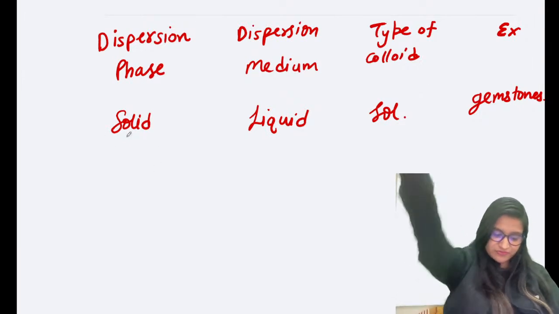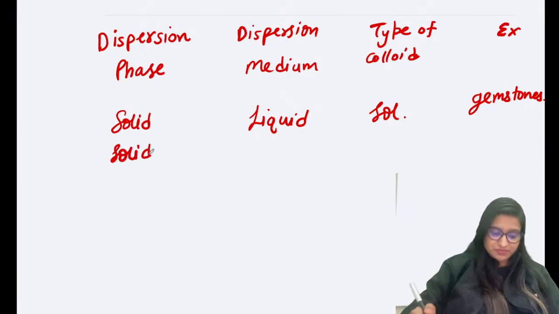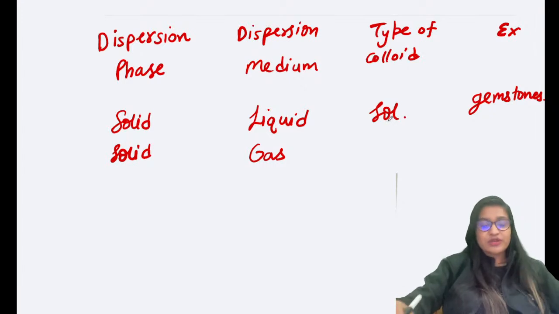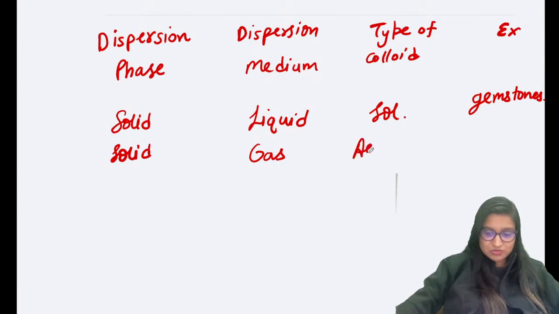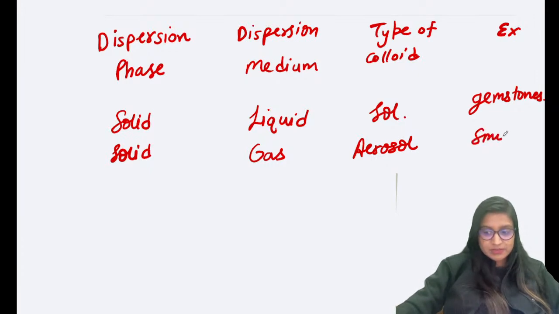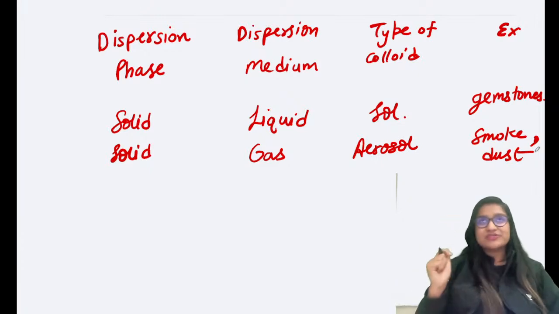If your dispersion phase is again solid, but your dispersion medium is gas, in that case your colloid is known as aerosol. It is known as aerosol, okay? And examples are, you can say, smoke is an example, or dust is also an example of solid.